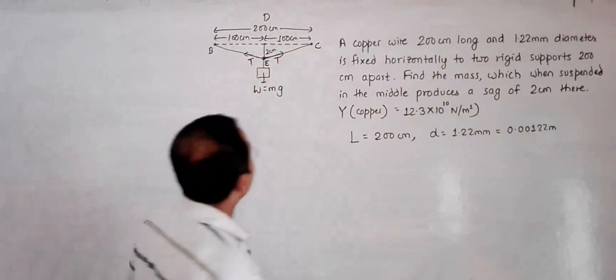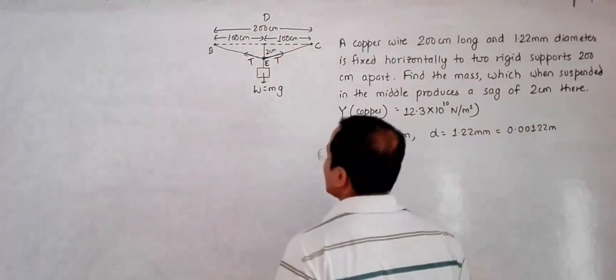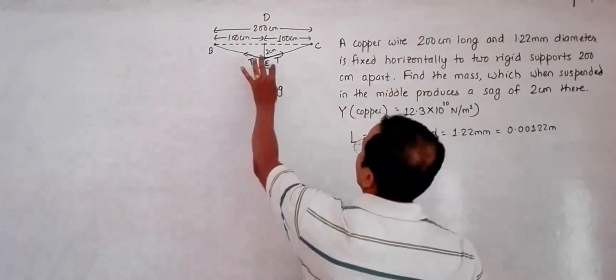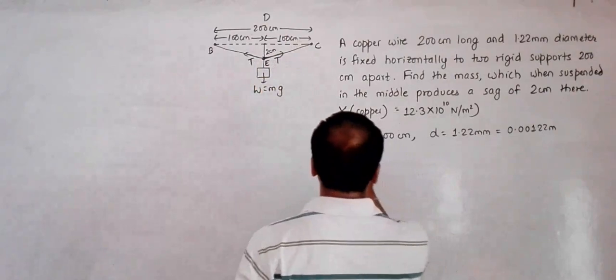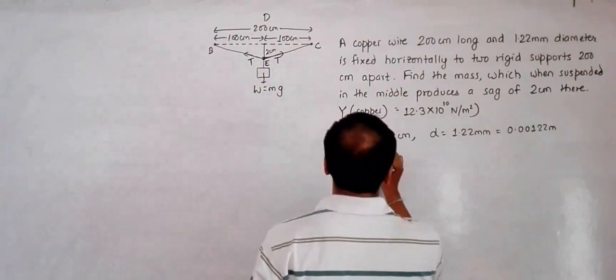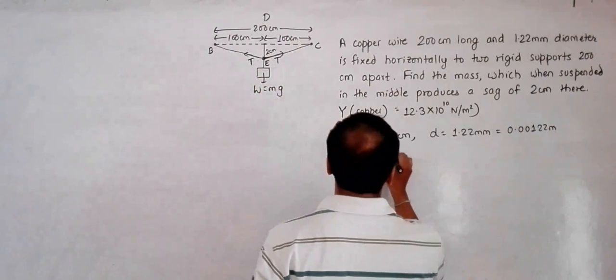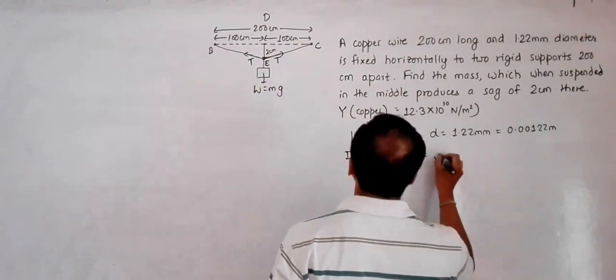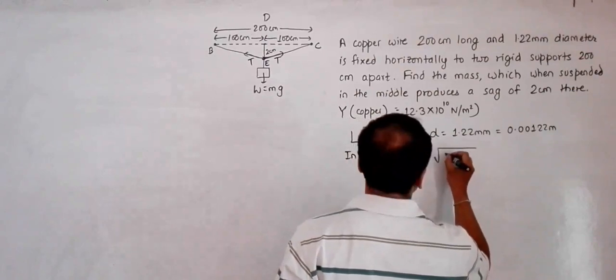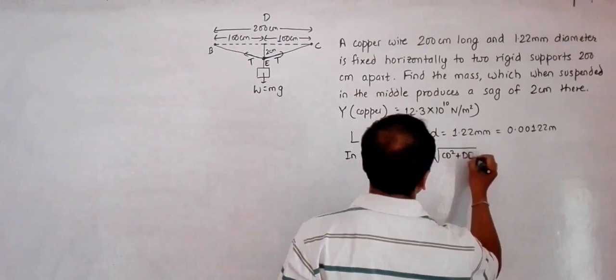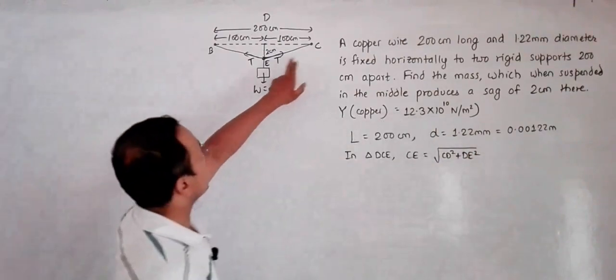Now what we have to find is the extension. So in order to find the extension, we have to find this length. Here in triangle CDE, we want to find this CE.